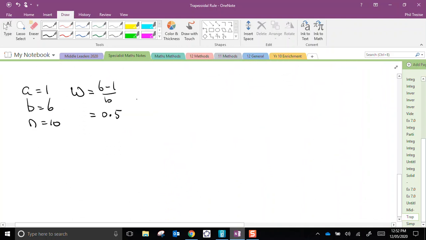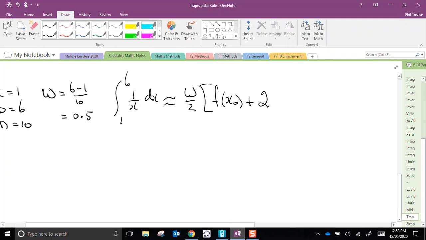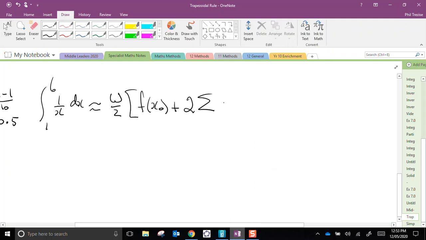Let's do this. So the area is approximately, actually I might write this as the integral from 1 to 6 of 1 over x dx is approximately given by the rule w over 2 times f of x naught plus 2 times, it can't hurt to write the rule, the sum of f of x i.